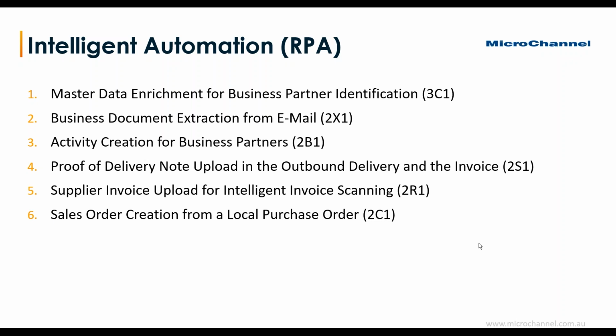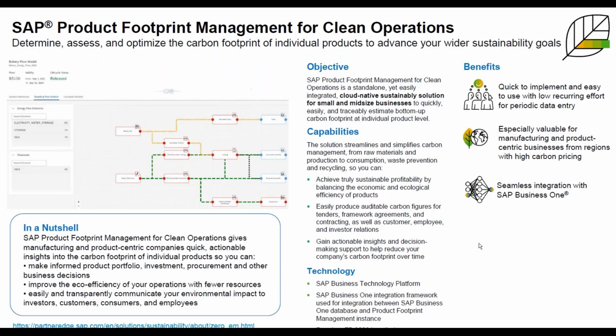And then the final one here is a solution that SAP has created for Business One, which is the SAP Product Footprint Management for Clean Operations. This solution helps you determine, assess, and optimize your carbon footprint on individual products, and this is related to companies that do manufacturing.